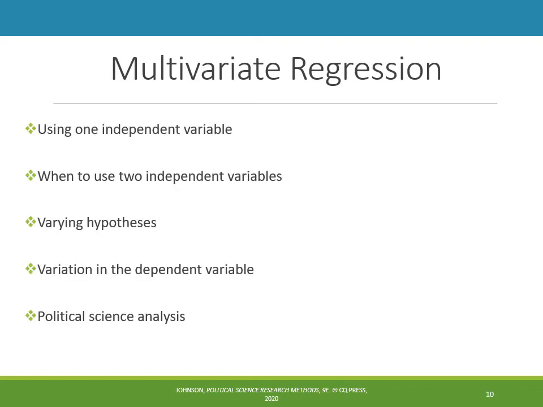So what is different about multivariate regression compared to our simple bivariate regression? Well, the difference is that you're using more than one independent variable, okay? You use this when you have two or more independent variables, and it's going to vary depending on what your hypothesis is, of course, as to what those variables are. We use this sort of model when we are dealing with almost anything in political science because we live in a complex social world.